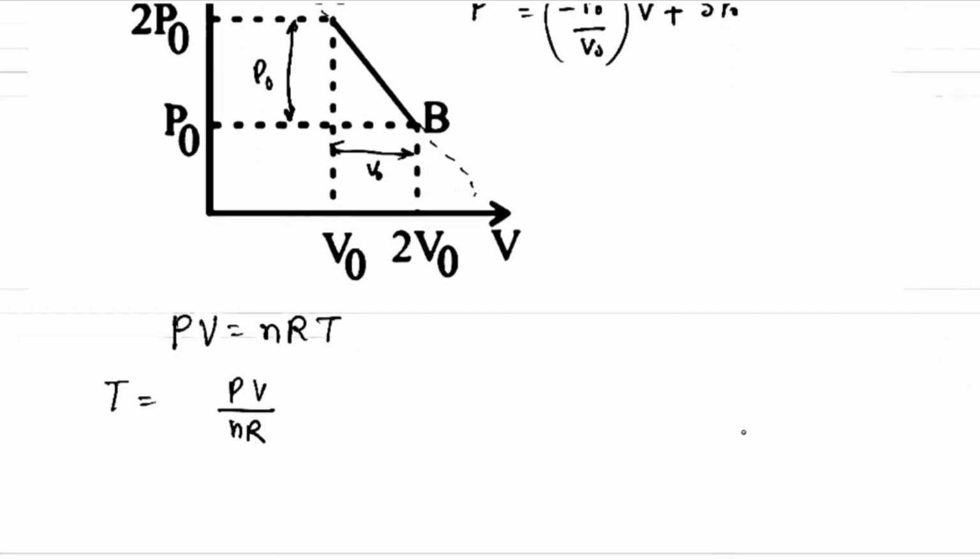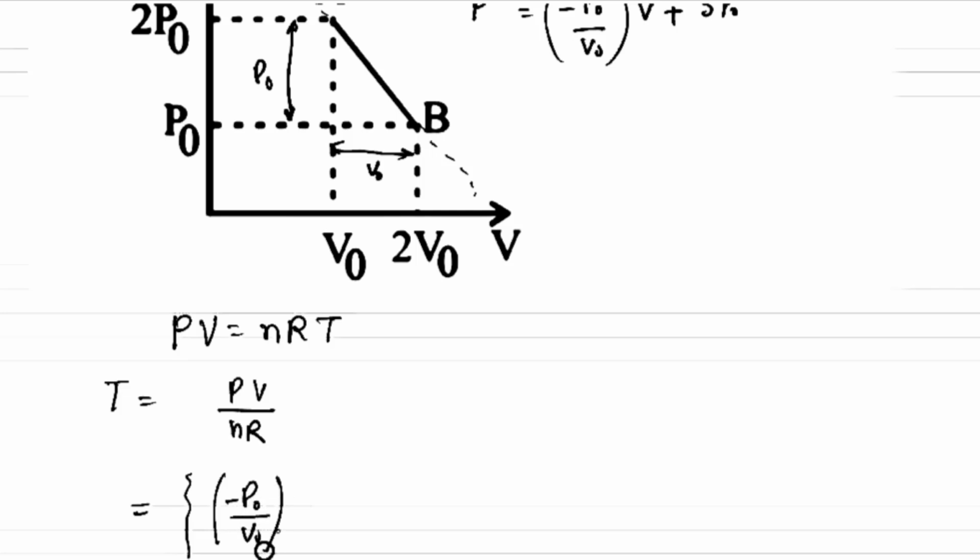Simple. Now just put the value of P here. P equals minus P naught by V naught into V plus 3 P naught. Simple. Into V by nR. This is the function of T as a function of V, right?